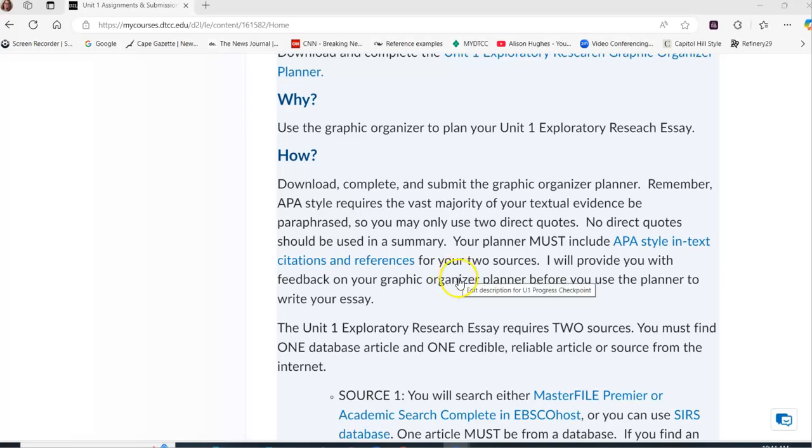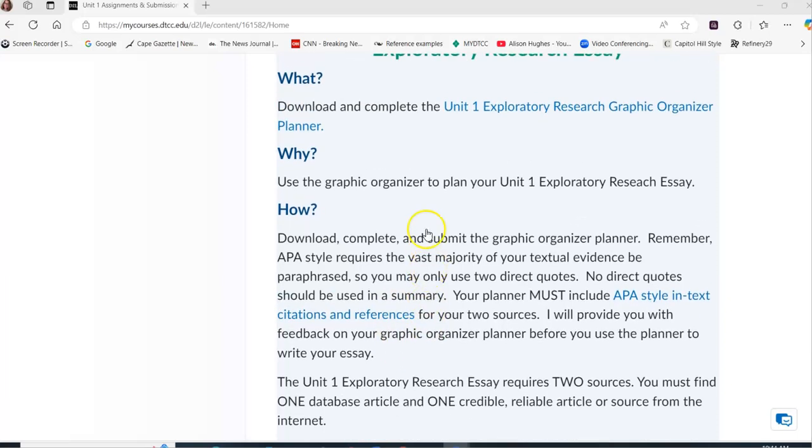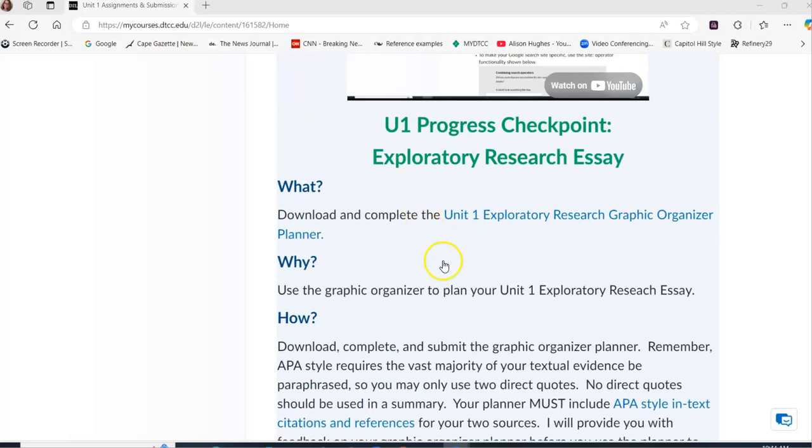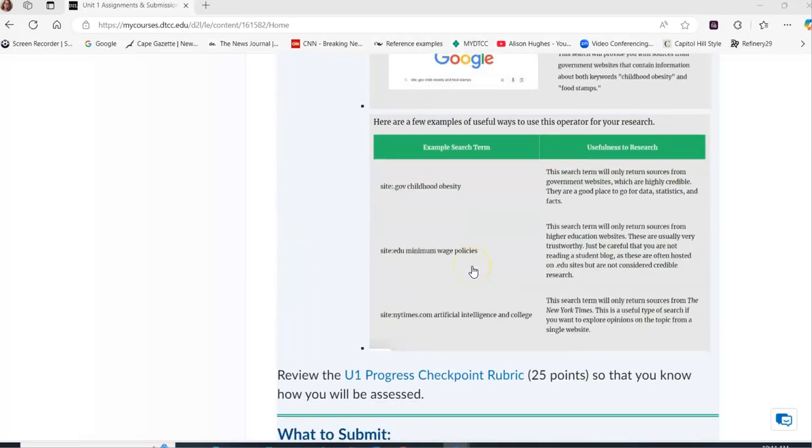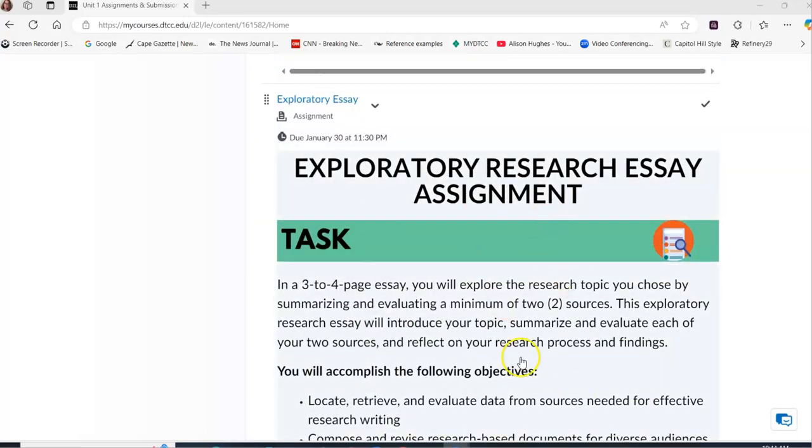Because if you're missing something, I'm going to make a note of it. If your citations are incorrect, I'm going to make a note of it. If you need more textual evidence, I'm going to make a note of it. If you need more evaluation, I'm going to make a note of that. All of that feedback will be on this progress checkpoint planner step. So that way, when it comes time to write the essay itself, you can write the best possible essay you can.